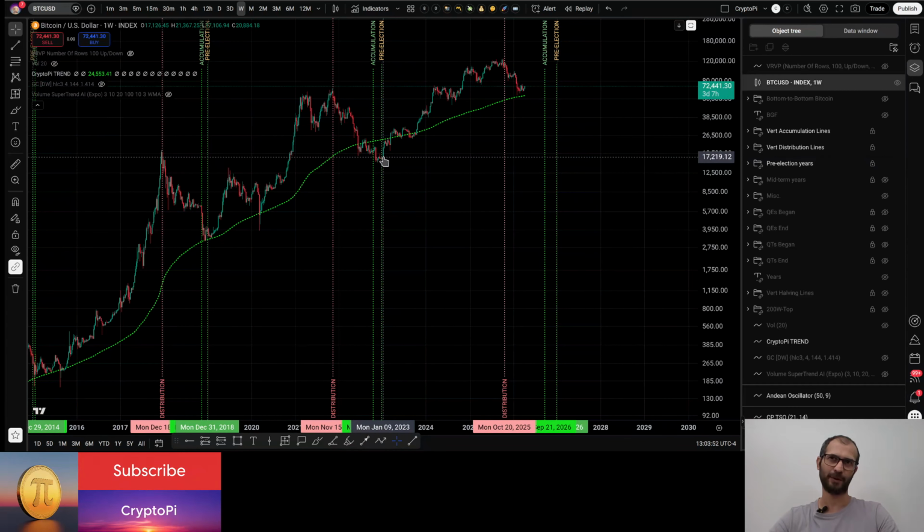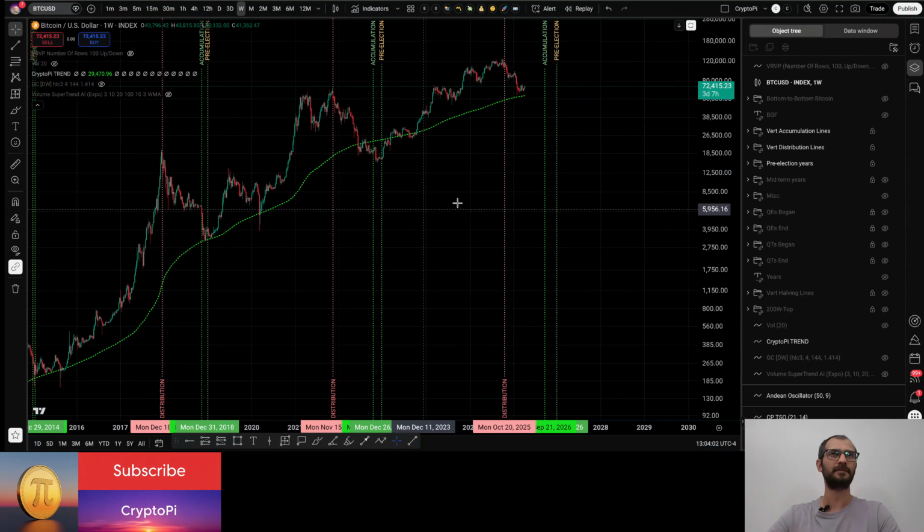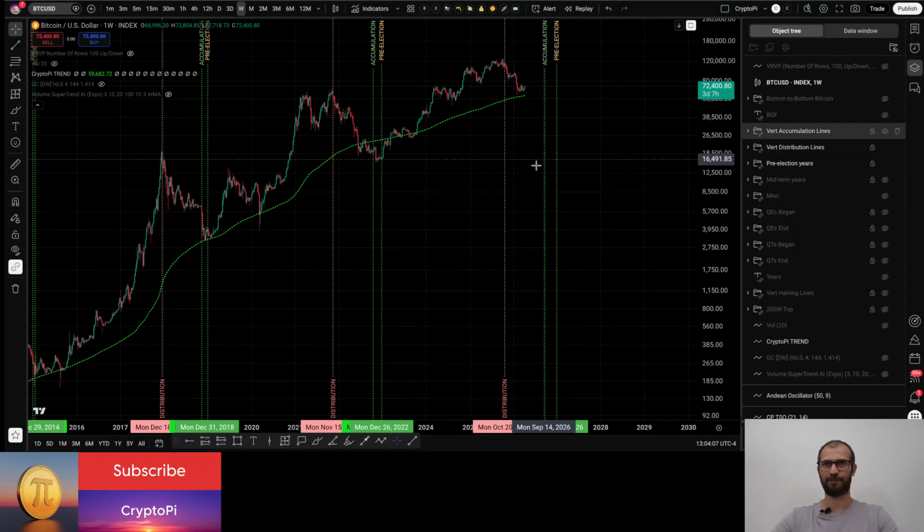And that is where we usually consider that the bull market is back and the new cycle has started. So we do have the potential for when the price will bottom.